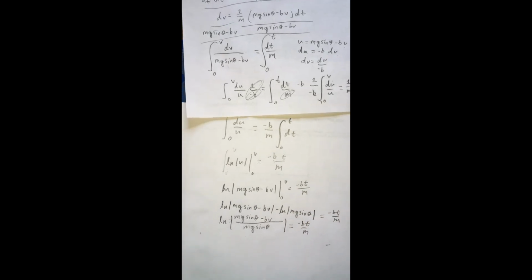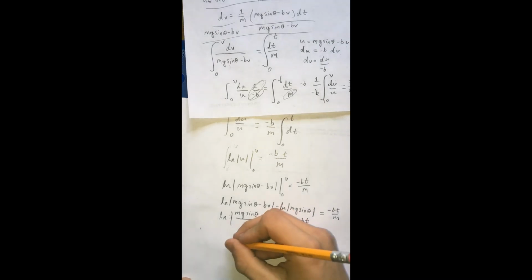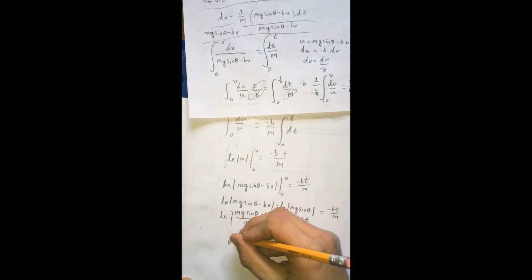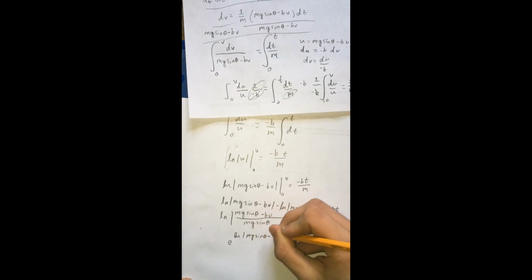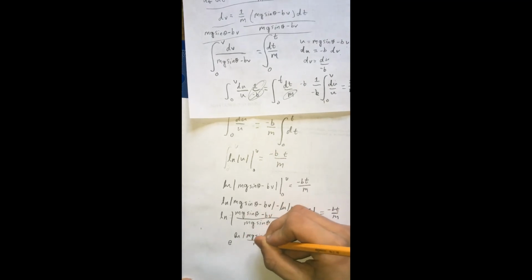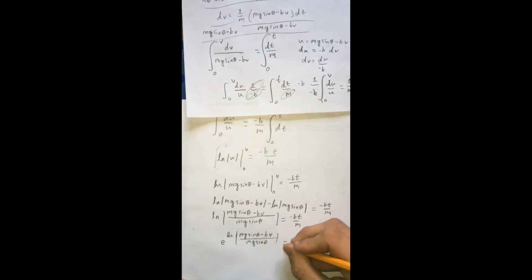Now we can raise each side to the e to get mg sine theta minus bv over mg sine theta by itself. So e to the ln of mg sine theta minus bv over mg sine theta is equal to e to the negative bt over m.